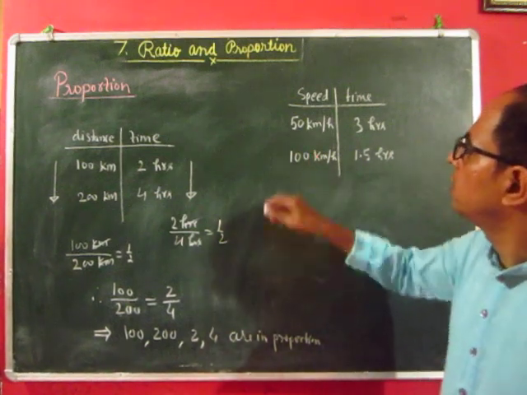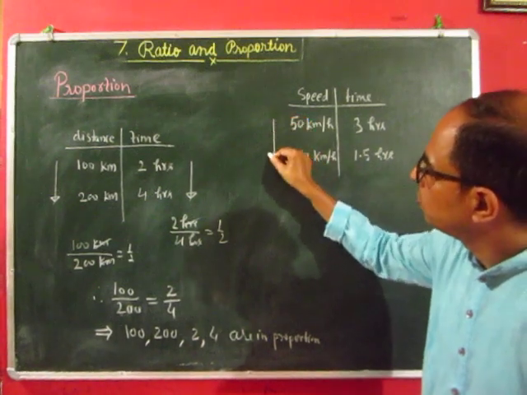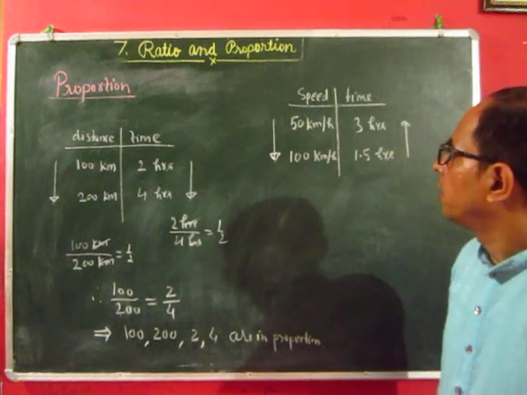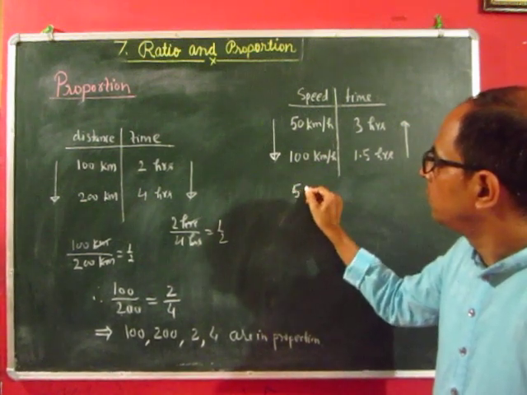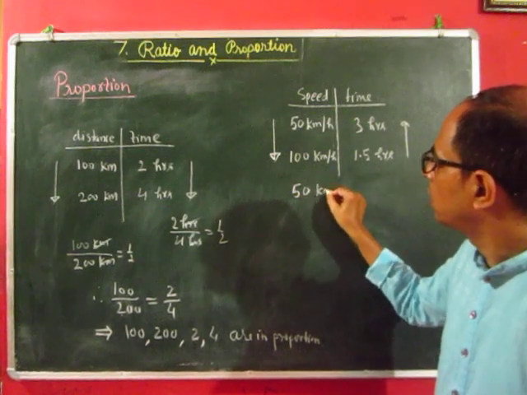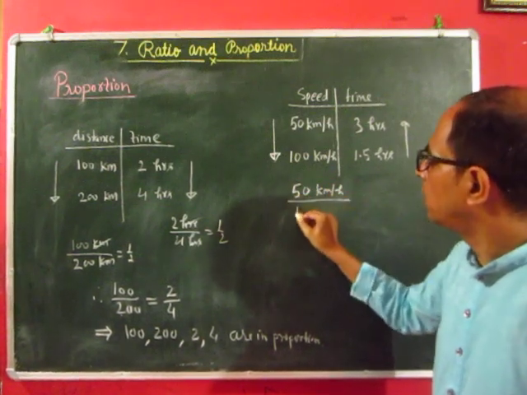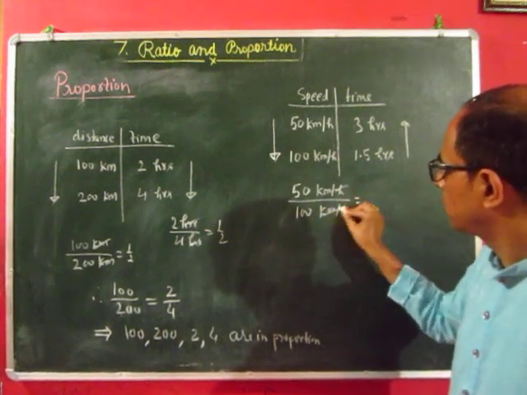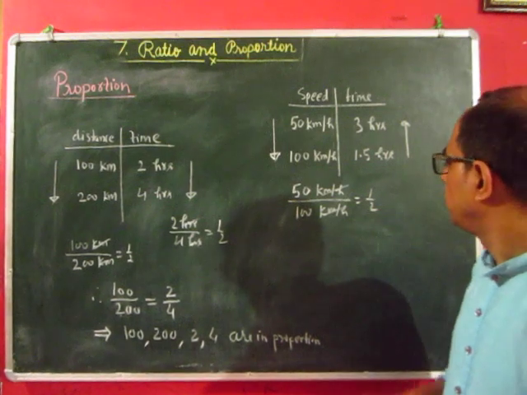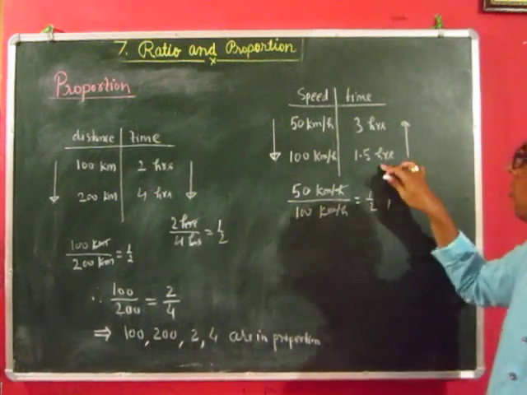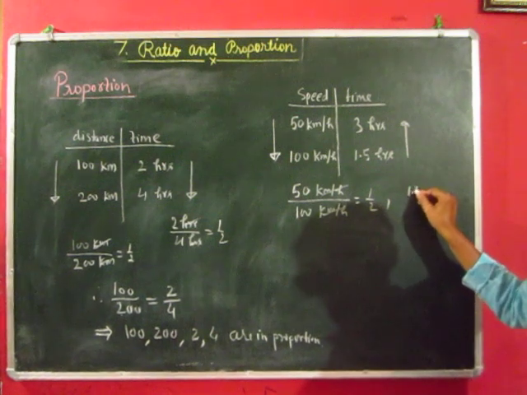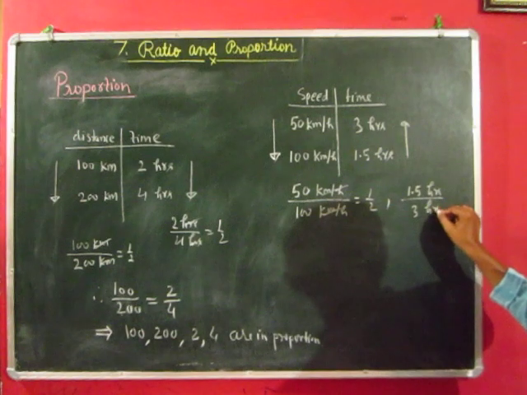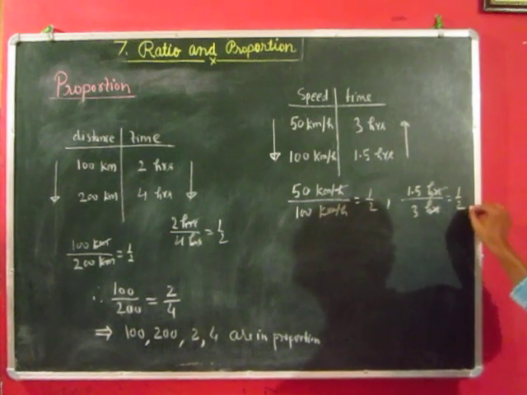Now this time you can see the ratio of these two is equal to the ratio of these two. It means the ratio of the two speeds is 50 km per hour divided by 100 km per hour. What will be its value? So this is cancelled, it is 1 by 2. And similarly the ratio of these two is 1.5 hours by 3 hours. So hours cancel, it will be 1 by 2.